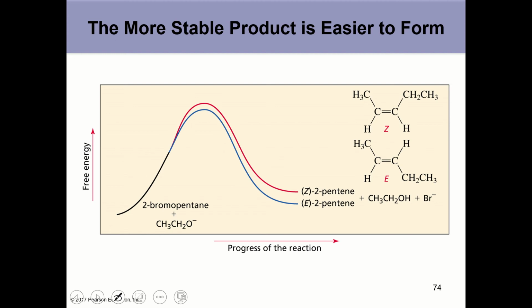Okay, and just again showing that the more stable product is easier to form. It has a lower activation energy, and it also has a lower final energy for the product.